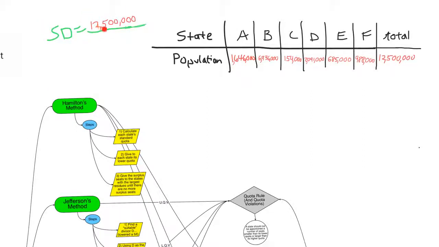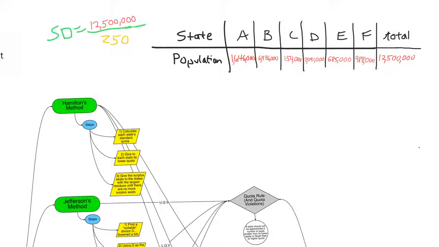But the question is, how many seats in Congress do we even have to give out to the various states? And let's say that the total amount of seats that we're divvying out would be 250.